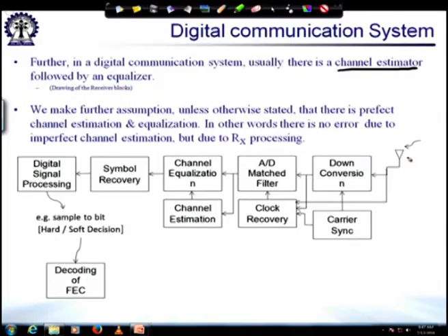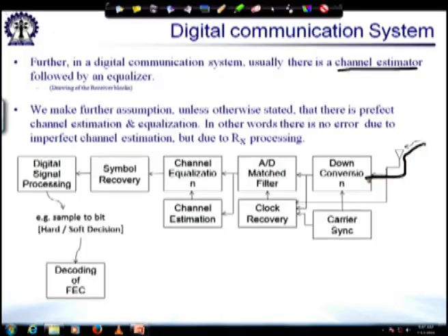If we look at this diagram, the signal comes in through the antenna and goes through the down conversion process, which we have assumed to be perfectly synchronized. To do that, there is a carrier synchronization module which estimates the carrier and feeds it to the down conversion.